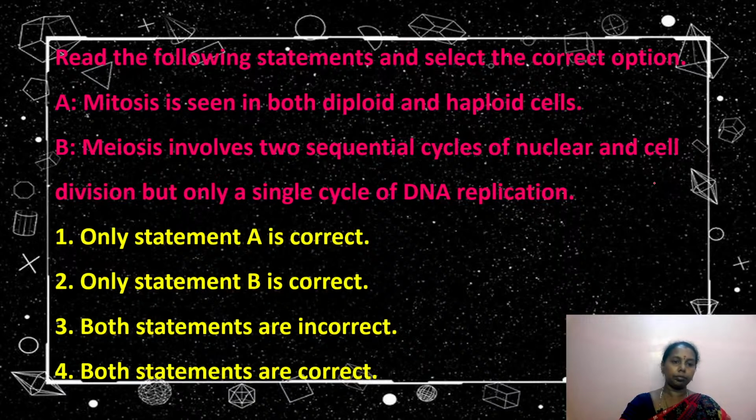Yes, it is a statement question. We have to find out: mitosis is seen in both diploid and haploid cells. Meiosis involves two sequential cycles of nuclear cell division, but only a single cycle of DNA replication. So, what would be your answer?